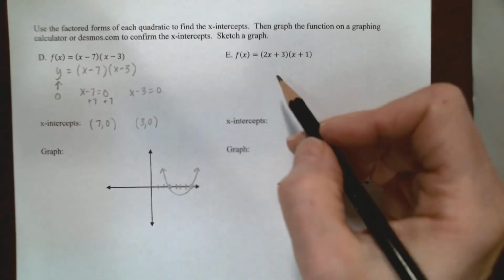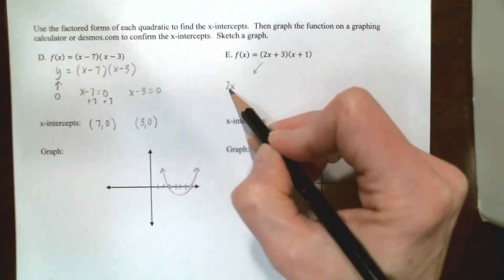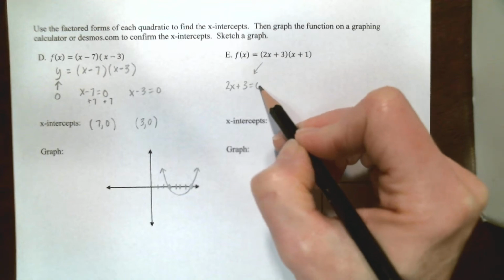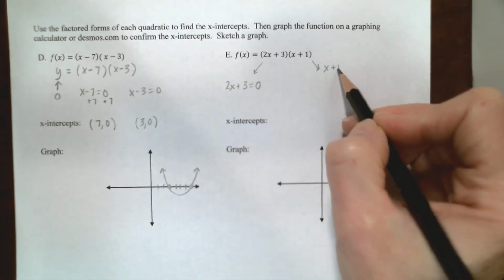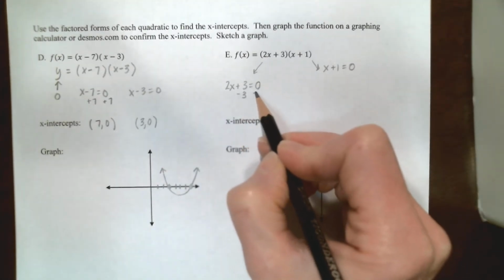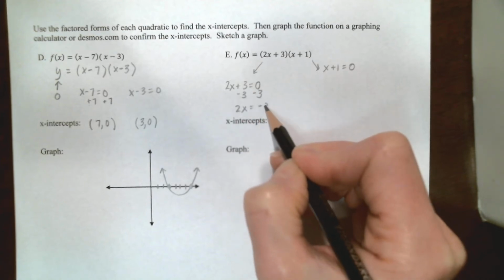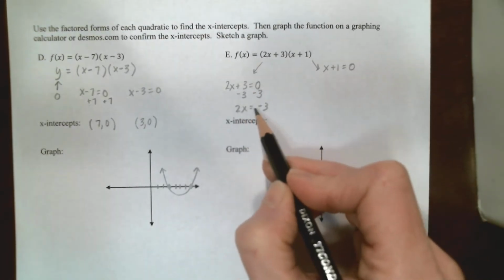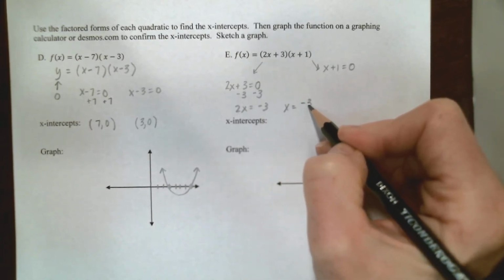For example E, I am going to take this factor, 2x plus 3, set it equal to 0, and this factor, x plus 1, is equal to 0. I'm going to subtract 3. There's that inverse operation. So 2x is equal to negative 3. And then I'm going to divide both sides by 2. So x is equal to negative 3 halves.